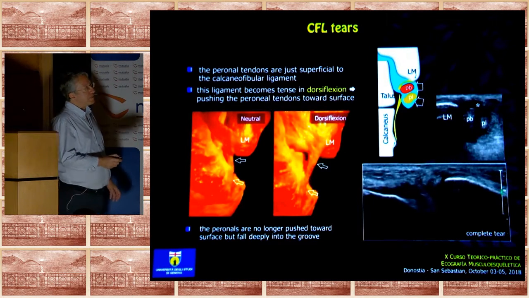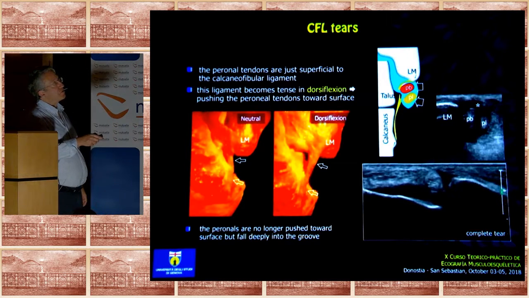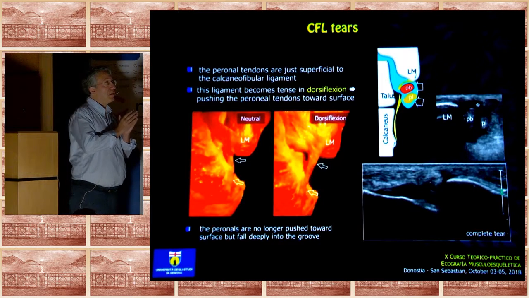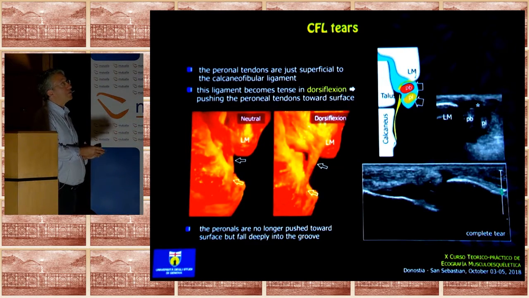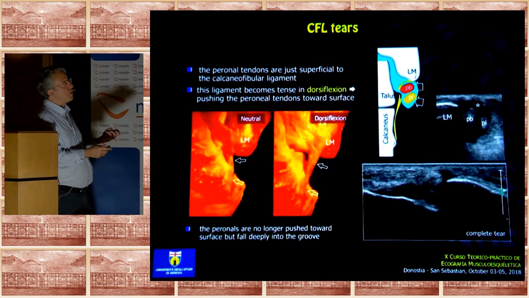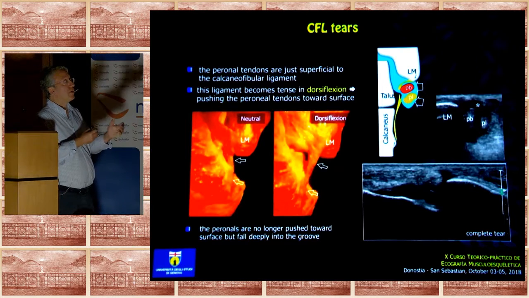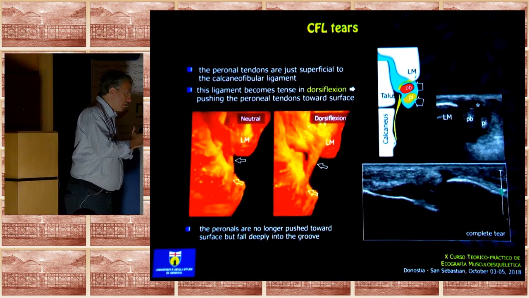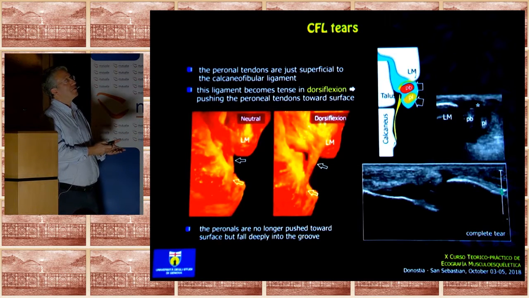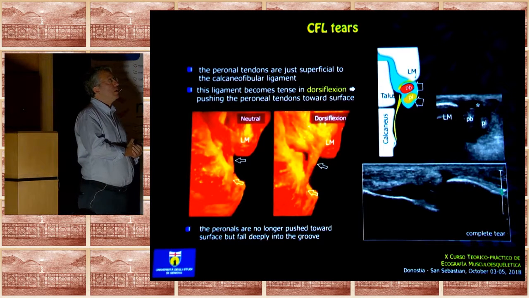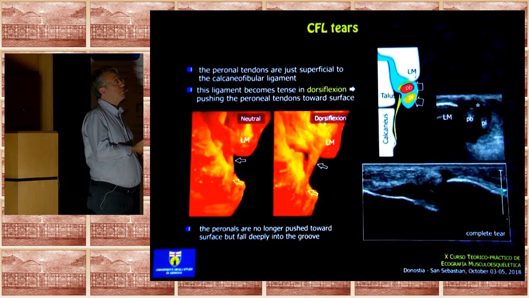At the same time, when we have a ligament discontinuity, remember that the calcaneofibular is just a thickening of the capsule, part of the capsule, like the anterior talofibular ligament. And when the calcaneofibular ligament is torn, you have a break in the capsule, and superficial to the capsule we have the parietal sheath of the peroneal tenosynovial envelope.